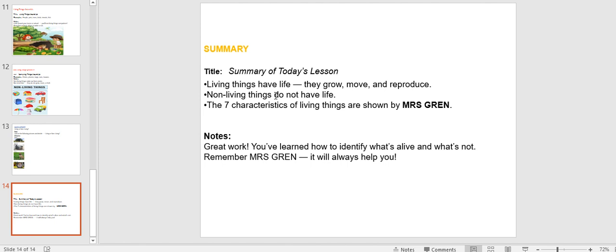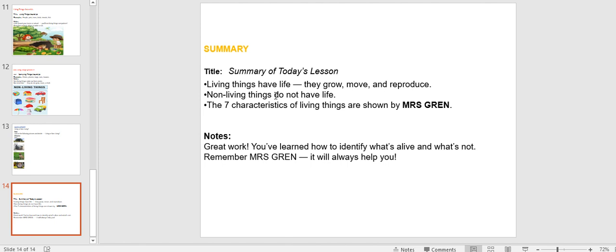That is the definition of a non-living thing. The 7 characteristics of living things are shown by Mrs. GREN. This is the acronym I told you is used to show the characteristics of living things. I told you to note that down. I hope you did that.